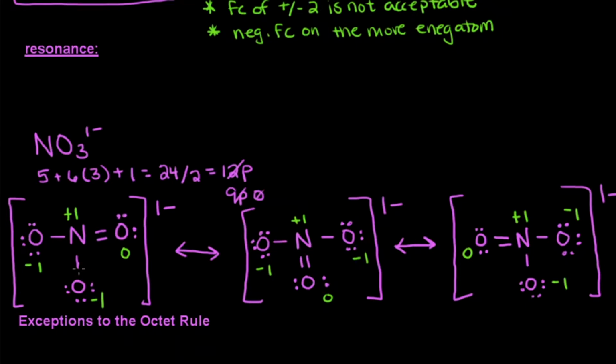And they're somewhere in between the length of a single bond and a double bond. It's like a bond and a third, right? Instead of a single bond, instead of a double bond, it's a bond and a third because that one bond has been divided over 3 locations. All right. That's what resonance is, you guys.